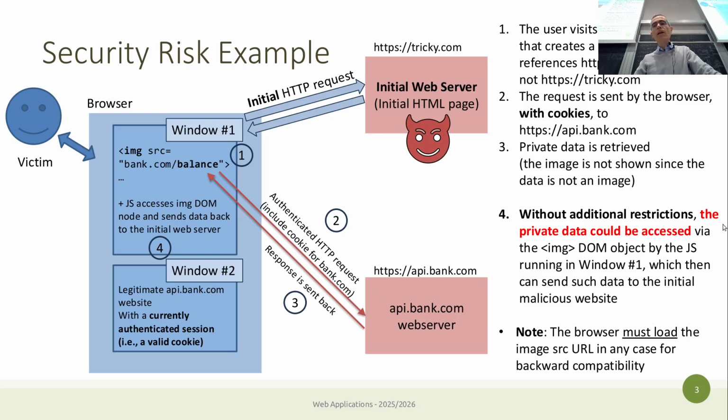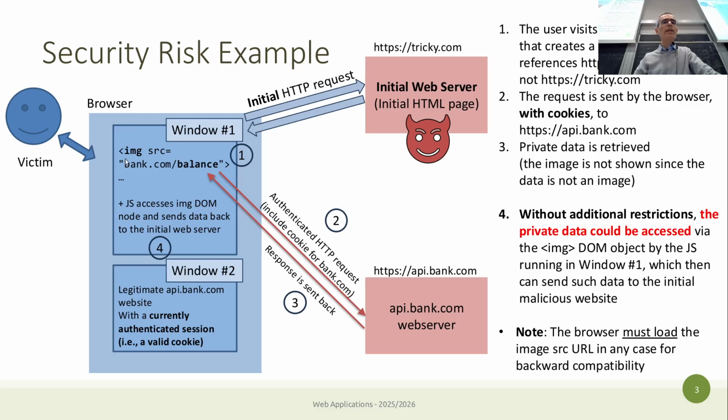Okay? And so, without additional restriction, that's the point here in red, the private data could be accessed by the JavaScript running in the first window coming from the first server. Okay? And then, of course, once you have access to this information, you can do whatever you want in terms of the attacker. Okay?